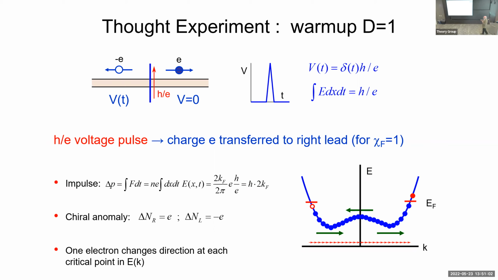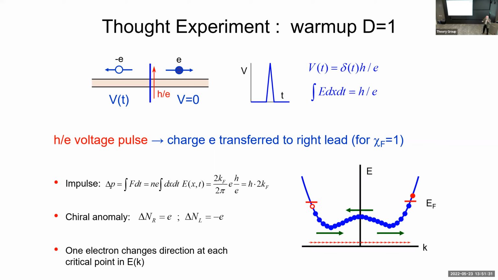I want to take my infinitely long 1-dimensional wire, and divide it into 2 regions, and apply a voltage pulse to one of the regions. Okay, and I'm going to apply a voltage pulse in such a way that the time integrated voltage is h over e. Okay, and so then I want to ask what happens.